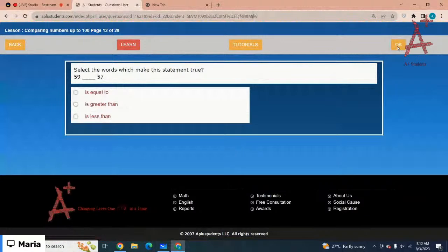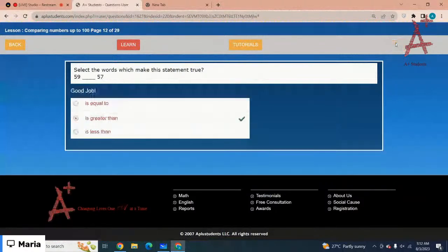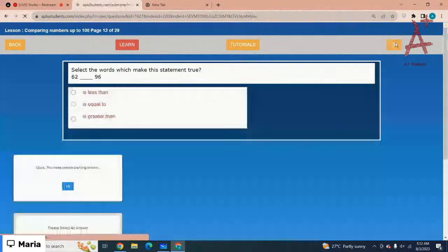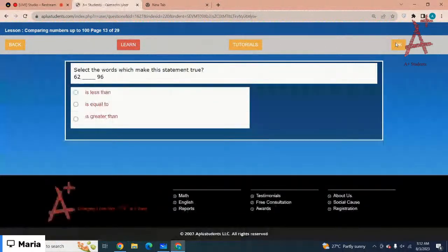Yes, 59 is greater than 57. Select the words which make the statement true. 62 and 96. Yes, the correct option is 62 is less than 96.